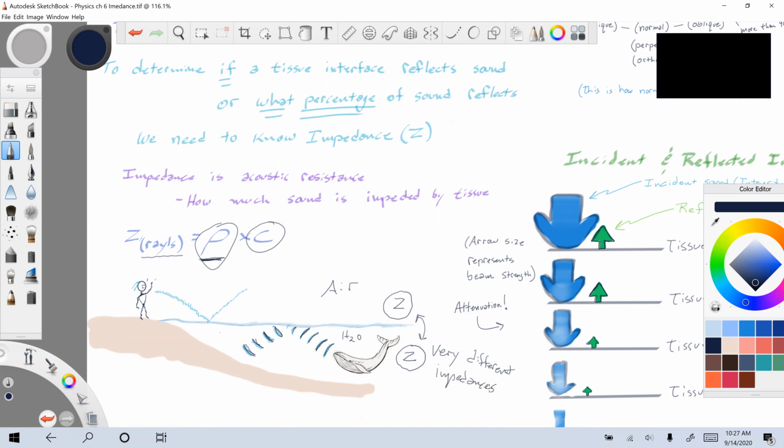Very different impedances, and that's important to know. If they are similar impedances, the sound will transmit from one tissue, or in this case water to air, if for some reason they have a similar impedance, which they don't.